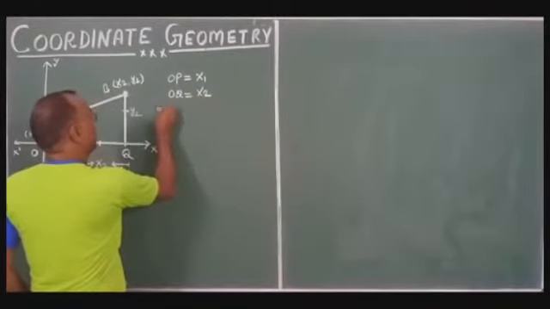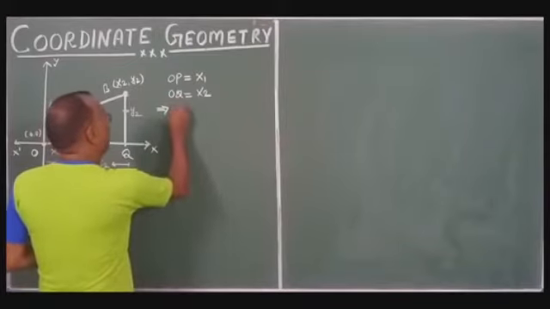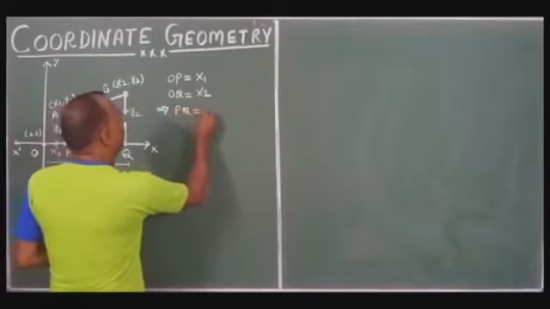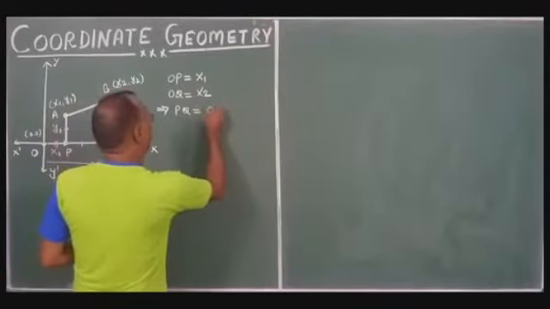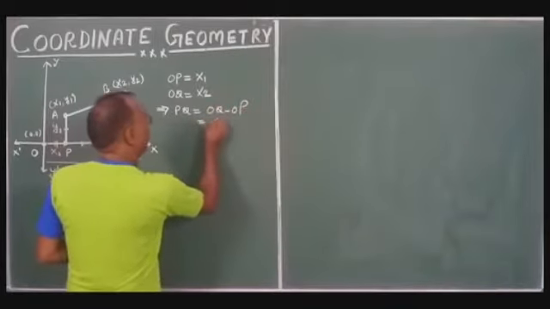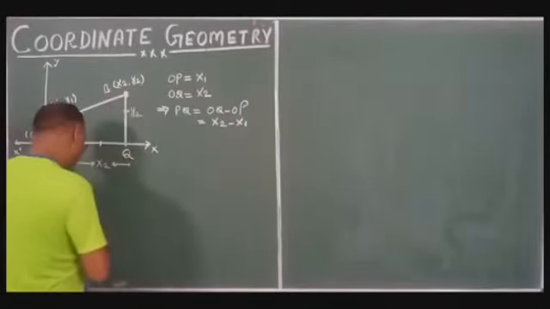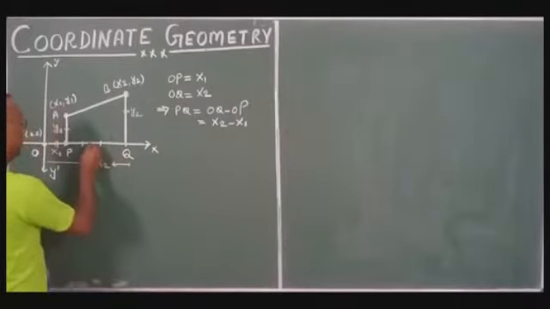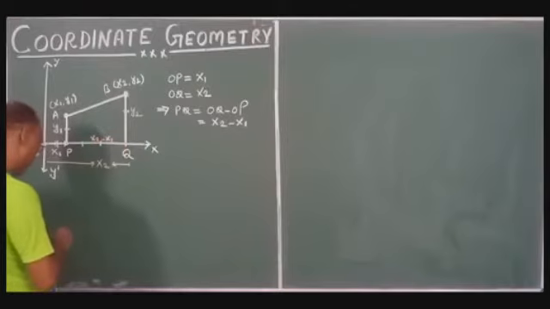It means this one, PQ, will be OQ minus OP, that is x2 minus x1. This distance is x2 minus x1.